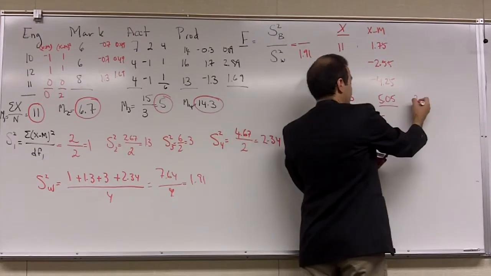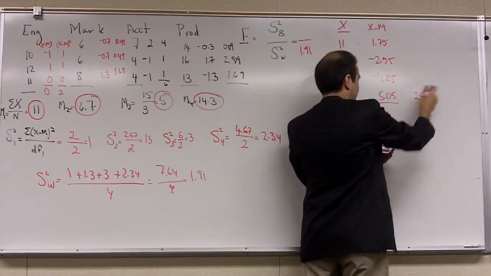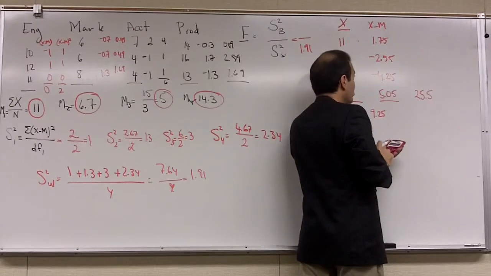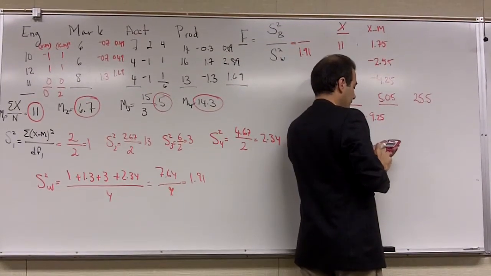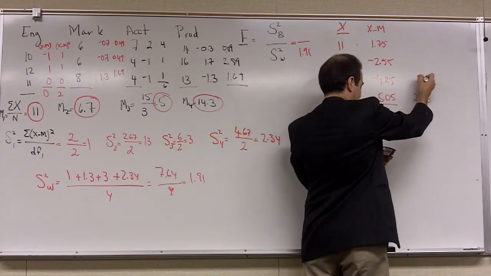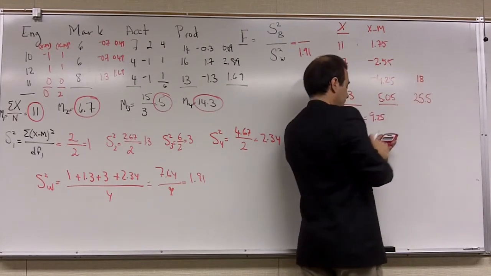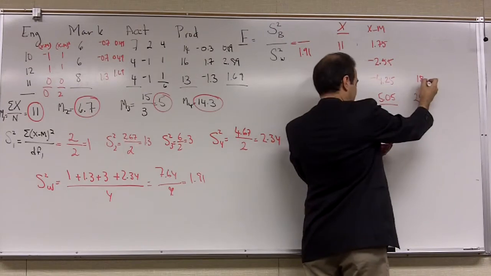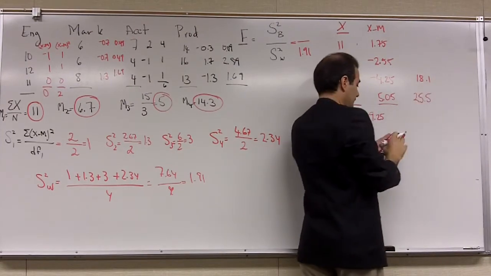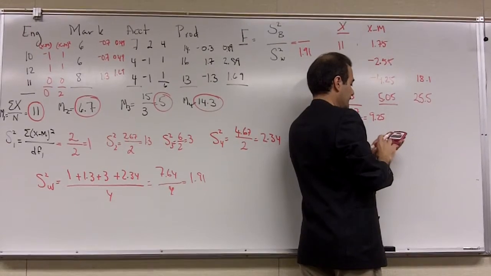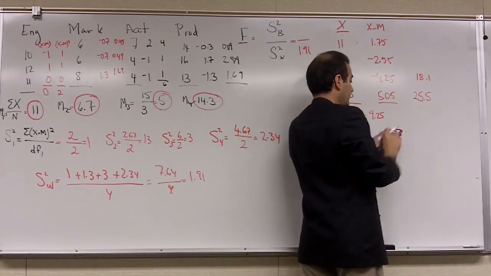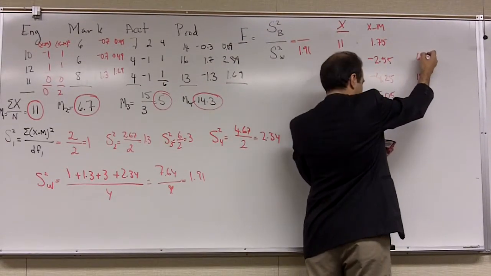This is 25.5. This is 4.25 times 4.25 gives us 18.1. And then 2.55 times 2.55 gives us 6.50.